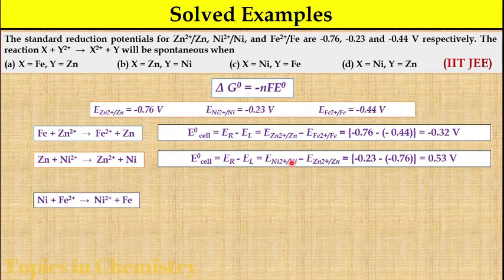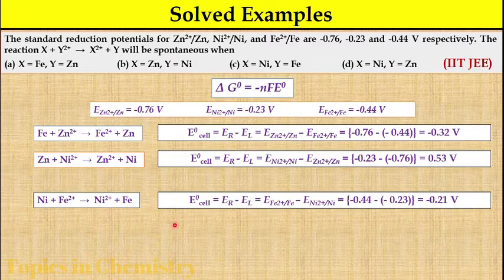Next, option 3. Here nickel oxidizes to Ni2 plus and Fe2 plus reduces to Fe. Now see what is the E0 cell. E0 cell is equal to ER, where the reduction takes place, for Fe2 plus. So E Fe2 plus/Fe minus the anode reaction at the left hand electrode, that is E Ni2 plus/Ni.